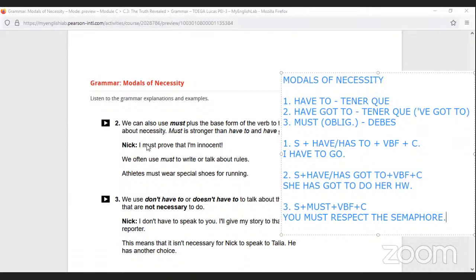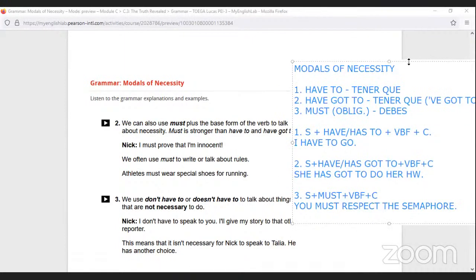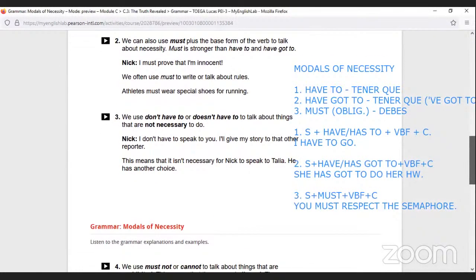Here it is a little bit stronger. Must, then the verb in base form, and the complement, that I am innocent. So when do we use must? We use must for rules. For example, athletes must wear special shoes for running, so they can't use the same shoes as always.